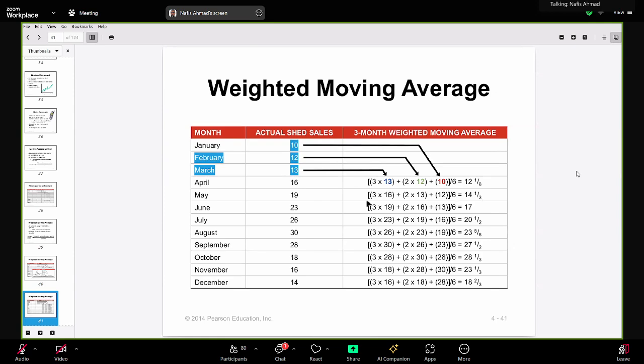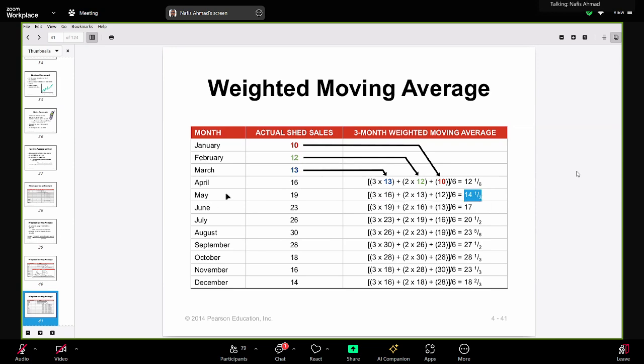Once the month is over, you get the actual demand, and then you can compare the actual and the forecasted. So the actual is 16 in April, and the forecasted value is 12.12 by 6. After the month of May, we get the actual demand of May, which is 19, and the forecasted demand of May is 41/3.